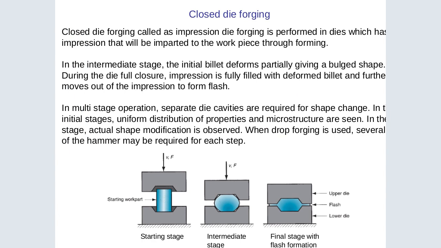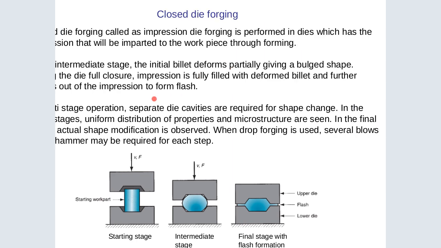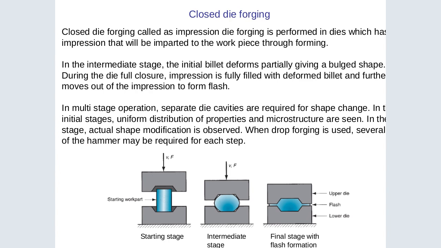In the intermediate stage, the initial billet deforms partially, giving the bulge shape. Now, during this die full closure, now you can see the closed die.